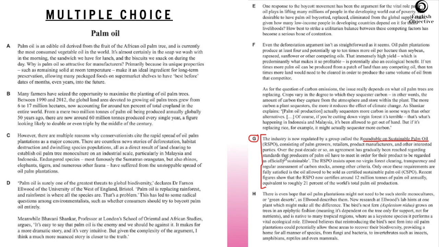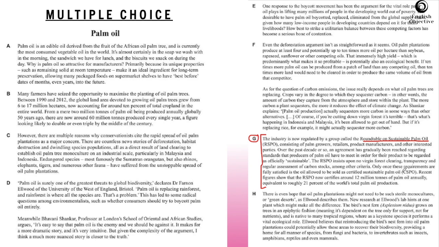The RSPO insists upon no virgin forest clearing, transparency, and regular assessment of carbon stocks and other criteria. Once the requirements are fully satisfied, the oil is allowed to be sold as certified sustainable palm oil. Recent figures show that it now certifies around 12 million tons of palm oil annually, equivalent to roughly 21% of the world's total palm oil production.